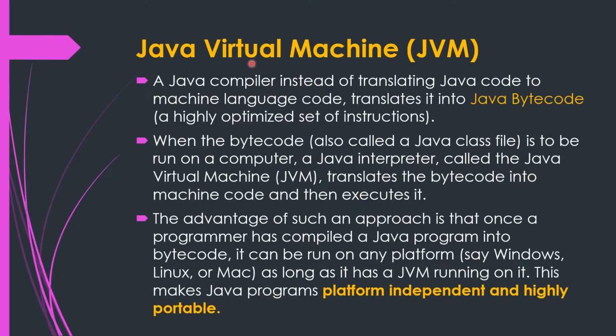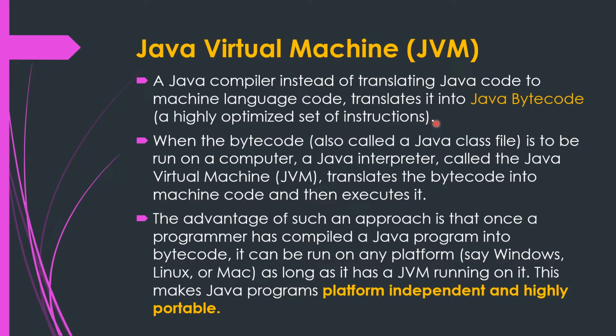Now Java Virtual Machine. This is a very important concept. Questions have been repeated from this topic in the past few years. It is a very important concept. So let us study about it. A Java compiler, instead of translating Java code to machine language code, translates it into Java bytecode, a highly optimized set of instructions.